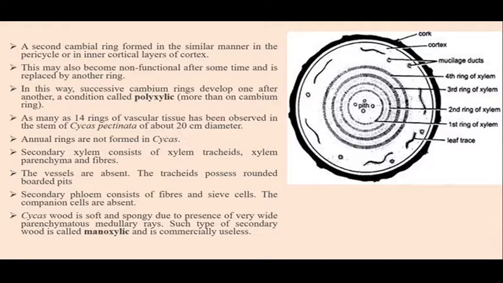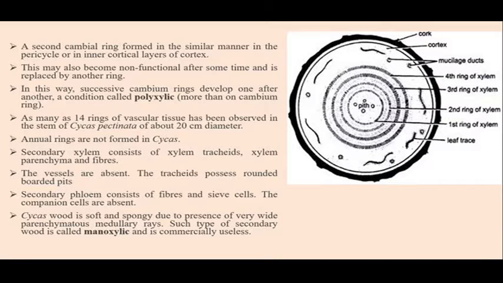The secondary phloem consists of fibers and sieve cells. The companion cells are absent. Cycas wood is soft and spongy due to presence of very wide parenchymatous medullary rays. Such type of secondary wood is called monoxylic, and it is commercially useless because it is soft and spongy.